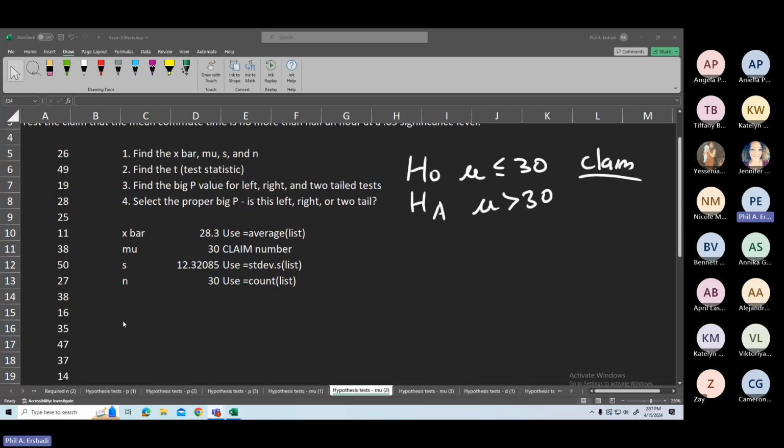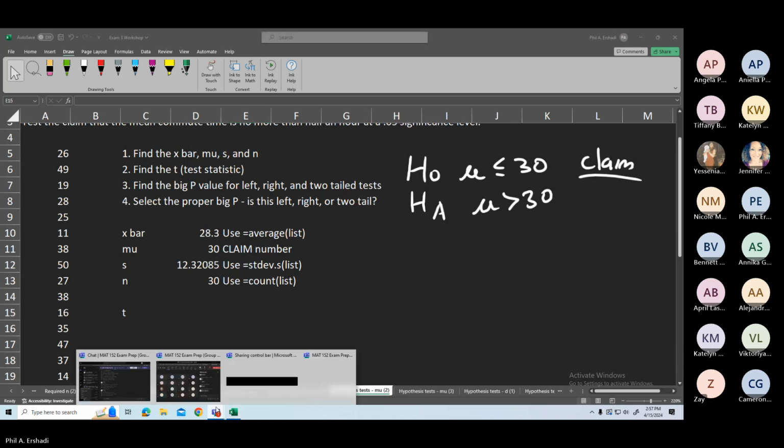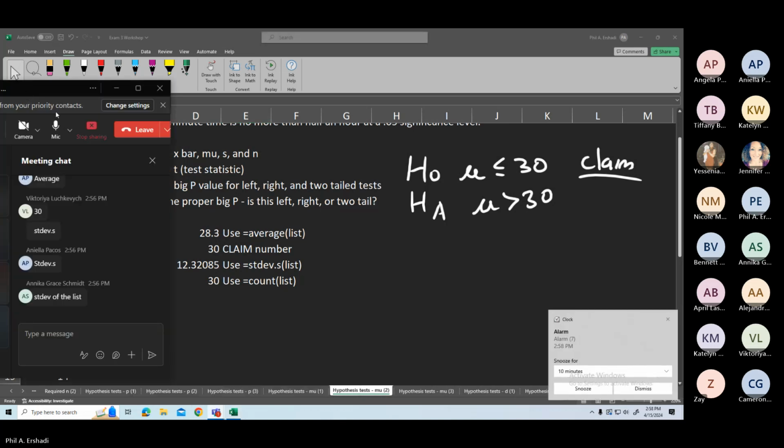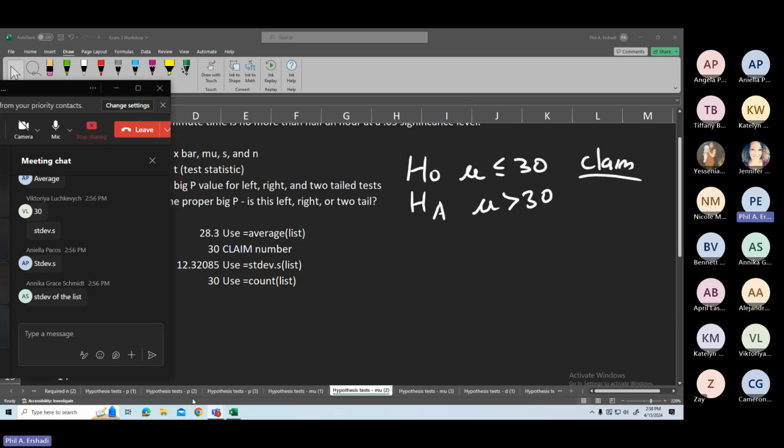So now that we have all of that stuff, how do I find t, the test statistic? What's the formula for that? Oh, that's my alarm.